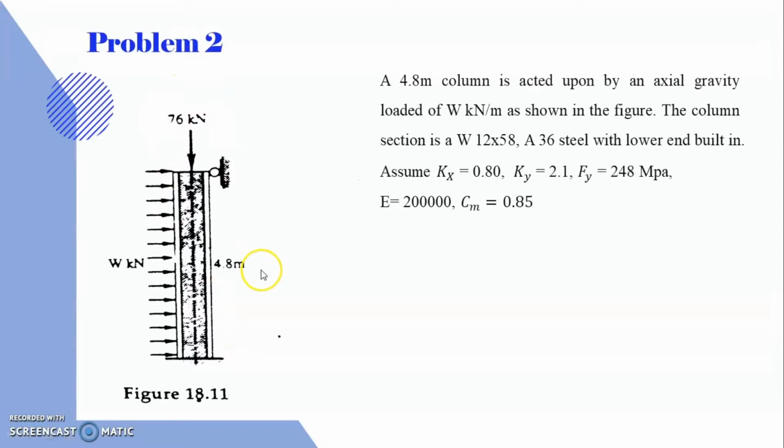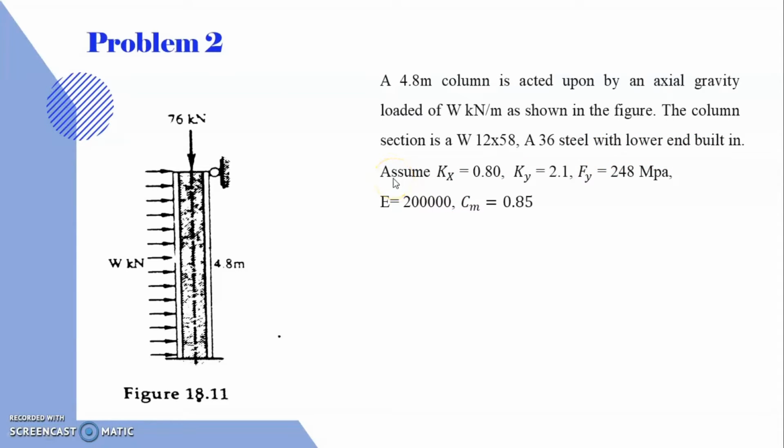Problem number 2. A 4.8 meter column is acted upon by an axial gravity load of W kilonewton per meter as shown in the figure. The column section is a wide flange beam 12 by 58, A36 steel, which is a mild carbon steel, with lower end built in.